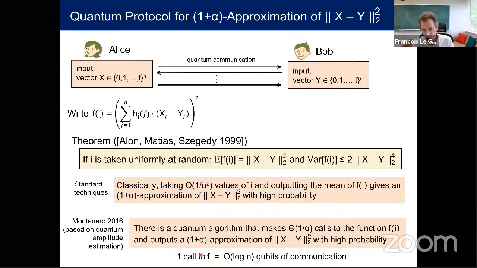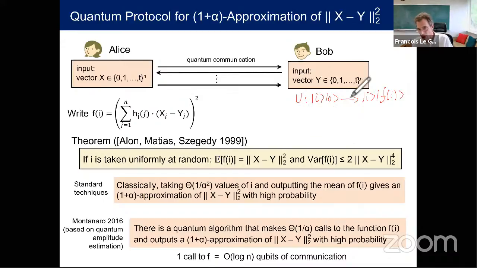A call to f means, in the quantum setting, implementing this operation in a unitary way, so that you are able to apply this operation on superpositions. You also need the inverse.